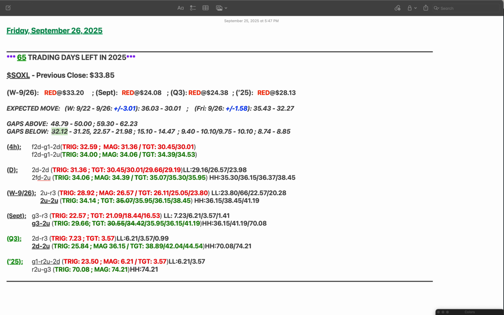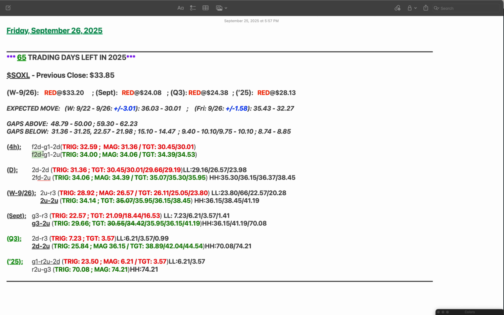And actually this is 31.36 because that gap almost got closed today. So that's where the gaps below are. From the 4-hour perspective, like we talked about, if we go to the downside, that's a failed 2 down, green 1, 2 down. That's a 3-2 triggering at 32.59 with a magnitude of 31.36, and we've got some extended targets of 30.45 and 30.01.